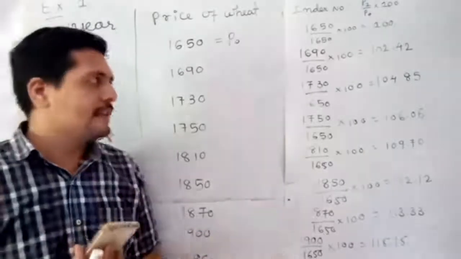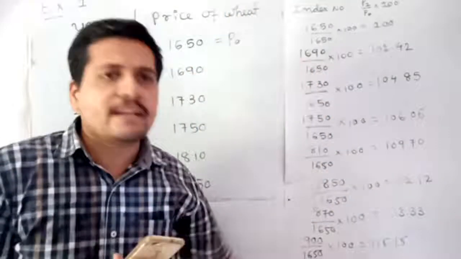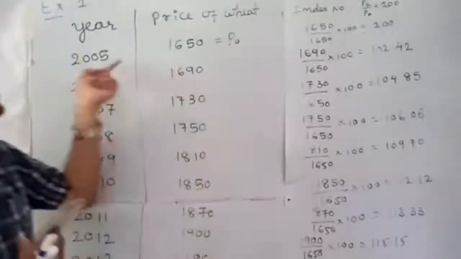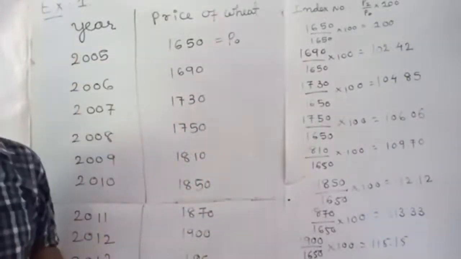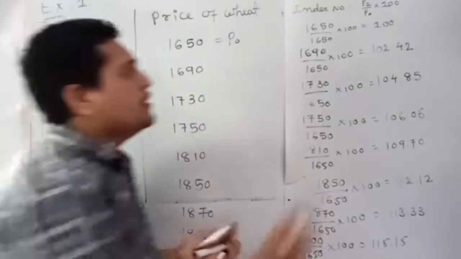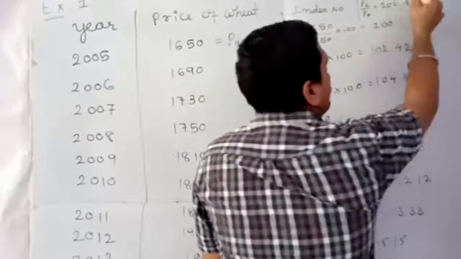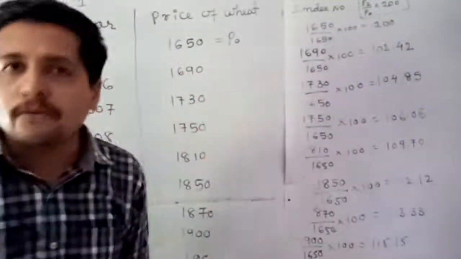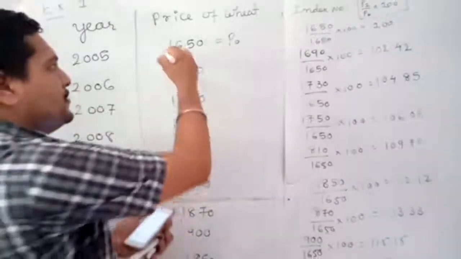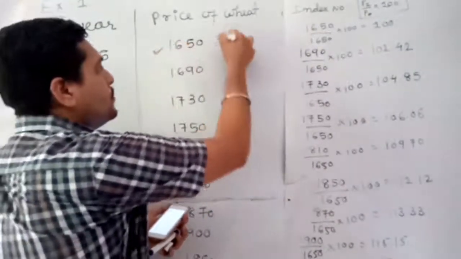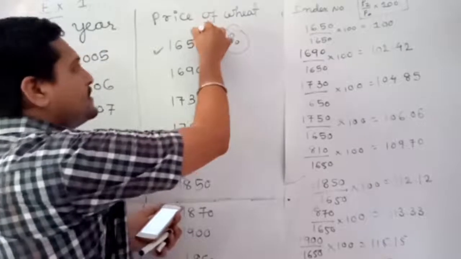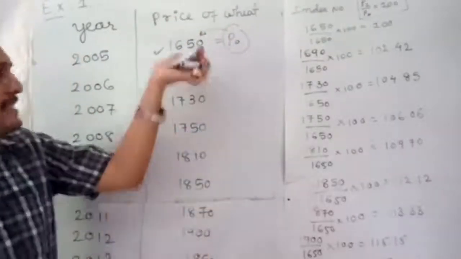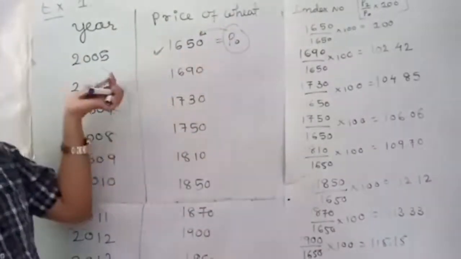So this is the main thing. Here we have all the years' answers as compared to year 2005. The equation we have to know is P1 upon P0 into 100. The base year is the first year, which means P0. P0 is the price for the base year, year 2005.